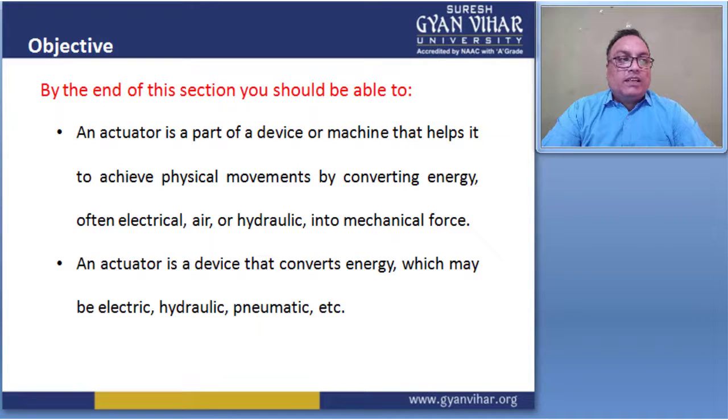An actuator is a part of a device or machine that helps it to achieve physical movements by converting energy, whether electrical, air or hydraulic, into mechanical force. This means it is a device which converts hydraulic energy into mechanical work, right?